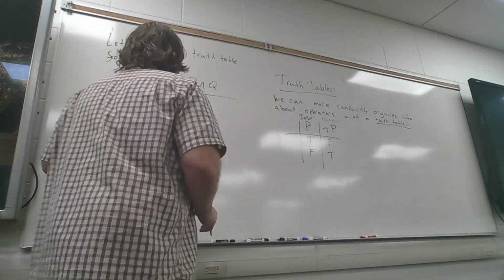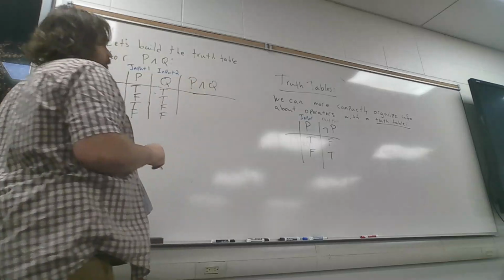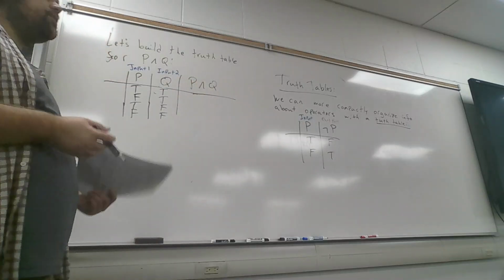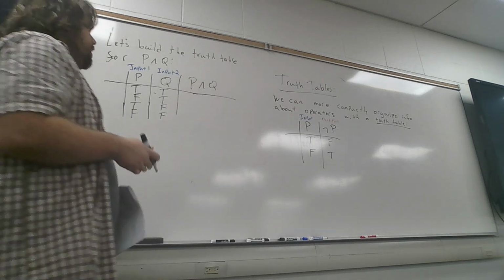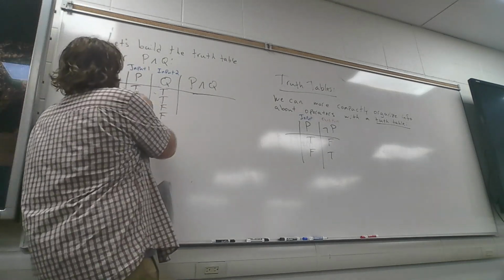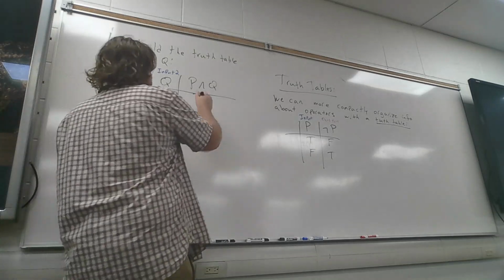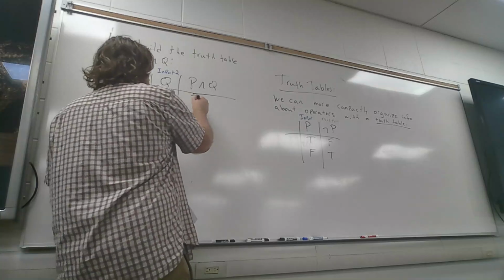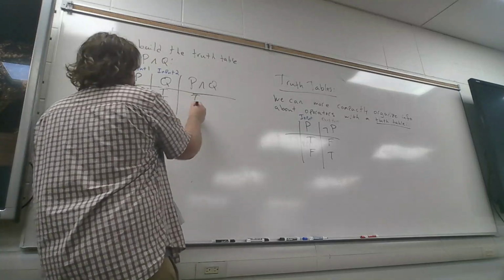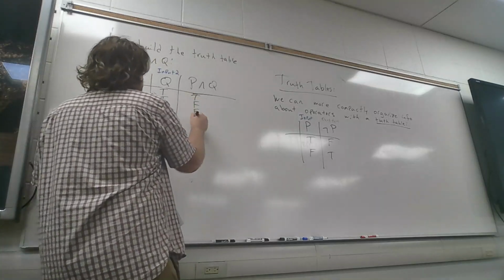So in this case, P and Q, or input 1 and input 2, that's true when they're both true. Otherwise, it's false, right? So we take a look at this. True and true, that means we write down true. False and true, we write down false. True and false, we write down false. False and false, we write down false.